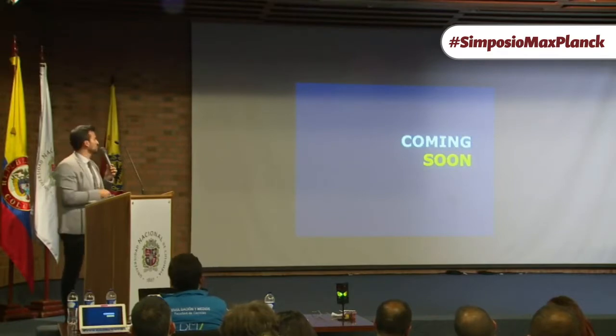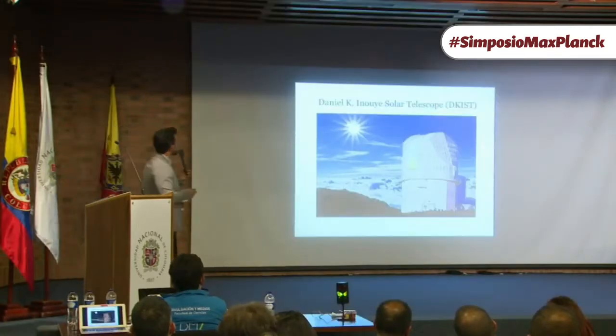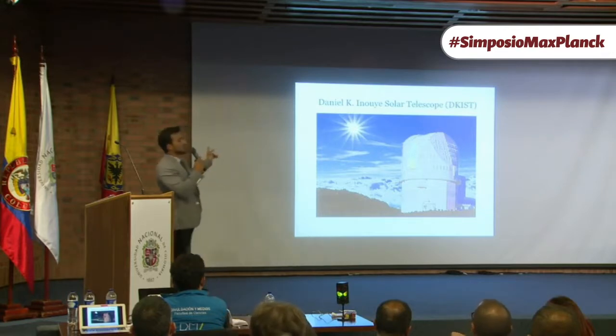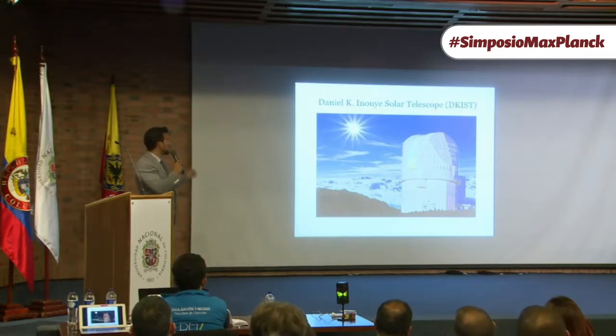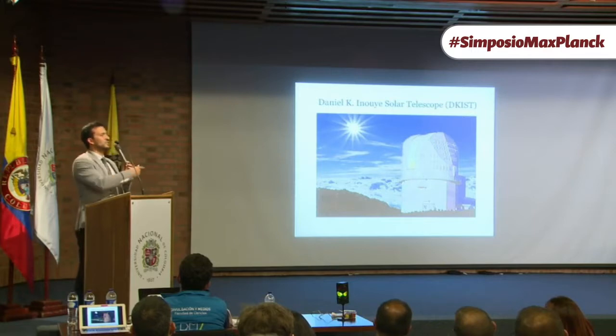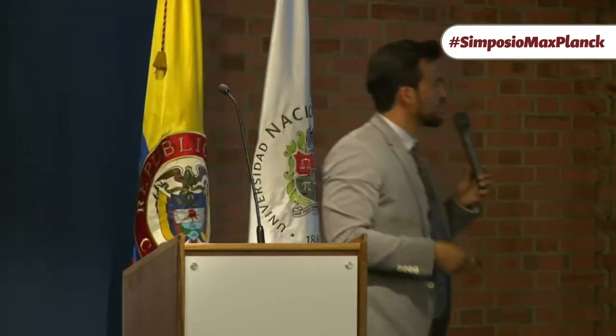Dr. Shapiro mentioned some of them, but we have what is going to be the largest solar telescope in the world. It's being built in Hawaii, on Mauna Loa mountain, and this is going to be a 4-meter aperture telescope. First light will be in 2 months' time. Actually, my ex-supervisor is the one who is directing the construction of this telescope.